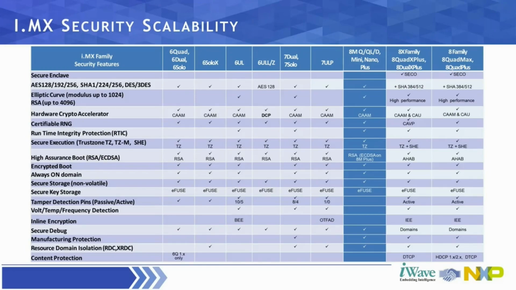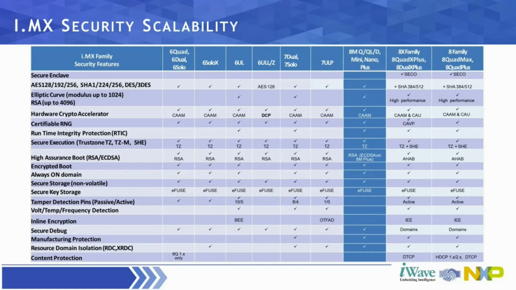So all our system on chip are ARM based. So we do have trust zone enabled on both Cortex-A core or even trusted M core. Some of the families like the QuadMax and the QuadXP do support a secure enclave that will offer automotive grade SHE extension, secure hardware extension, for automotive use cases.